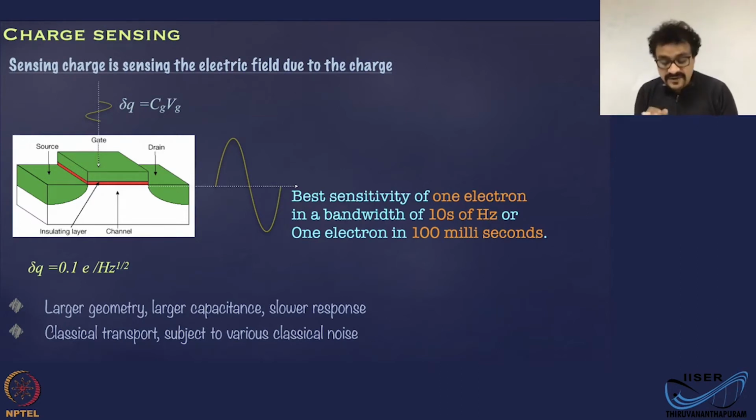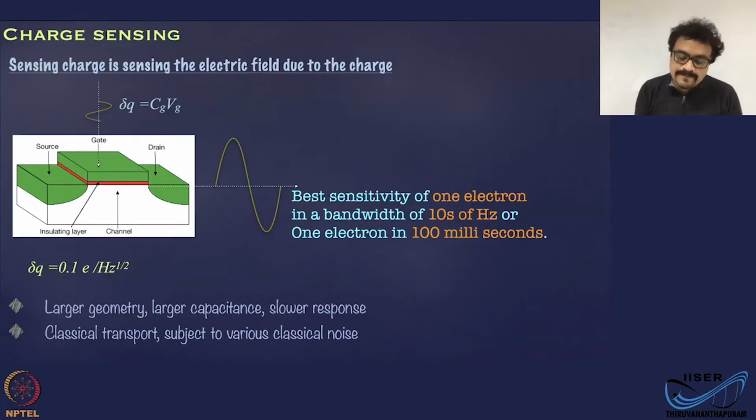But what we are interested in, especially in quantum dot research or qubit research, is the change of one electron in the system. Not many electrons, one electron. What changes are you going to observe? How can you sense when the dot goes from 0 electrons to 1 electron or 1 electron to 2 electrons? Which is pretty challenging.